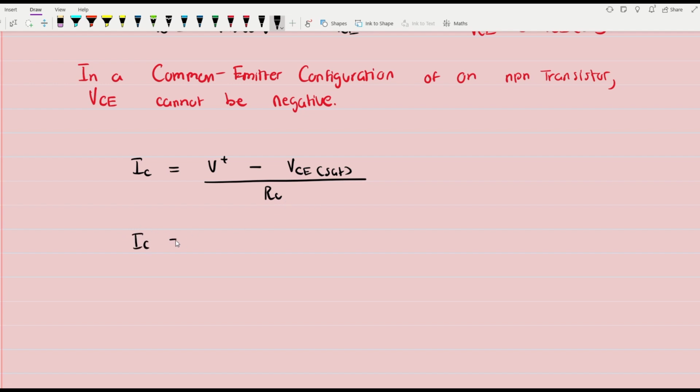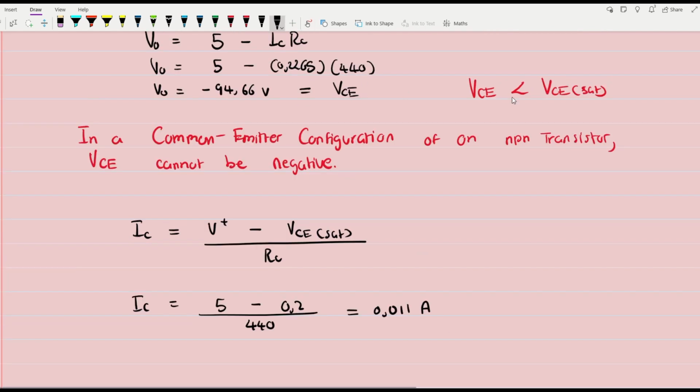So IC is equal to 5 minus VCE saturated, which is 0.2, divided by the resistor in between, which is 440, and this will be 0.011 amperes. So when this VCE is less than VCE saturated, we have to recalculate IC.